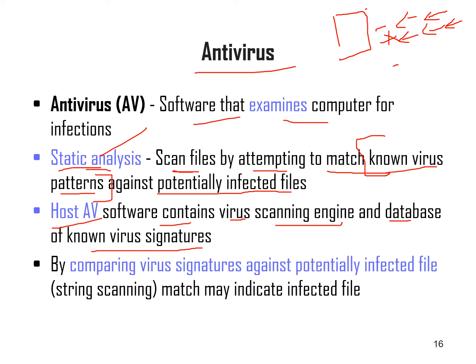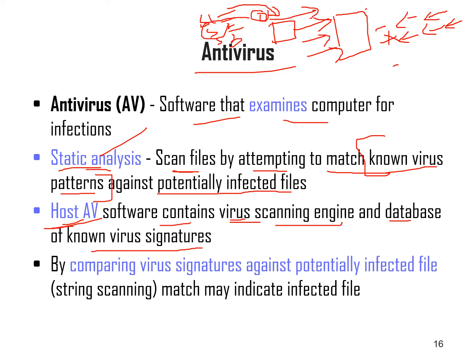But in the case of host AV, it is software that contains a virus scanning engine and a database of known virus signatures. A scan engine will be there, similar to the static analysis. Each and every file will be scanned, and there is a backend database in the host AV. This database will consist of the signatures: signature 1, signature 2, signature 3. It will map them against the files present in the system. If any infected file matches any signature, that particular file will be quarantined.